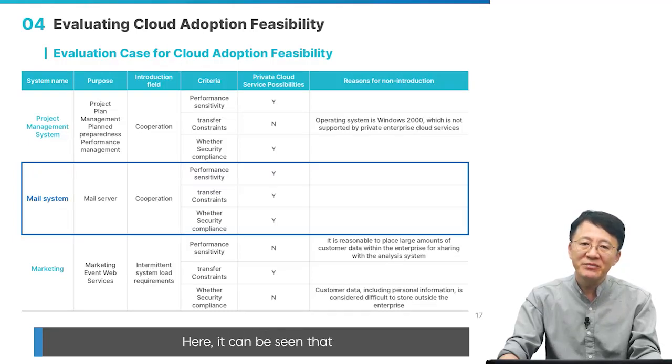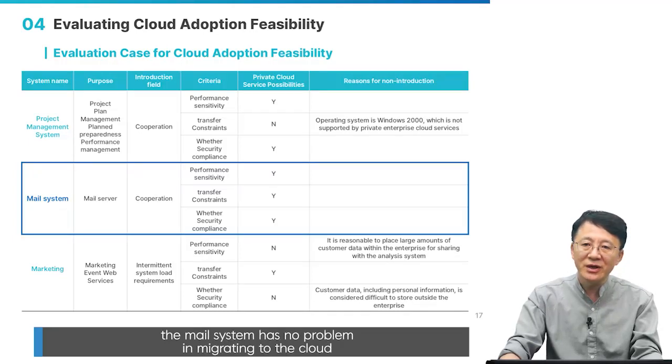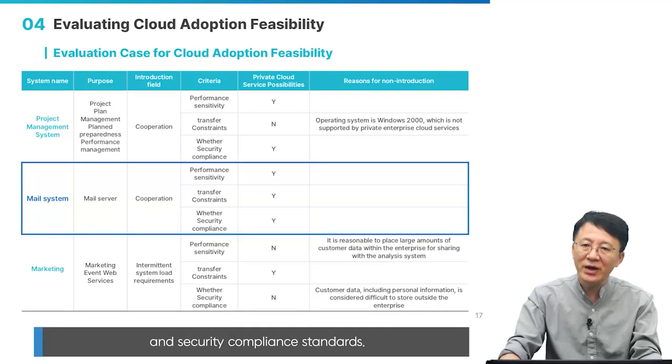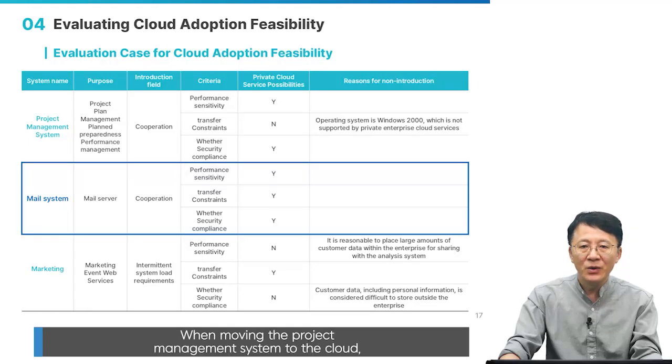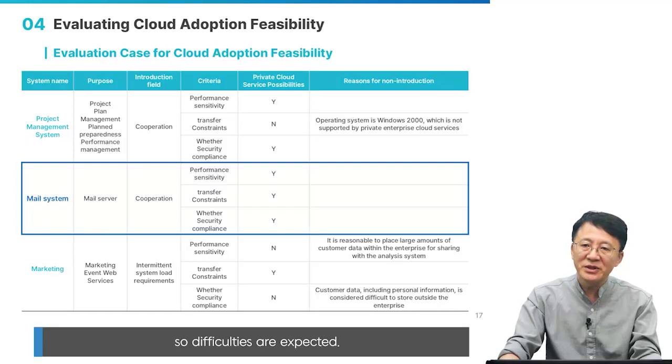Here, it can be seen that the mail system has no problem in migrating to the cloud because the mail system satisfies the performance sensitivity, migration constraints, and the security compliance standards. When moving the project management system to the cloud, there is a problem that the cloud does not support a specific operating system, so difficulties are expected.